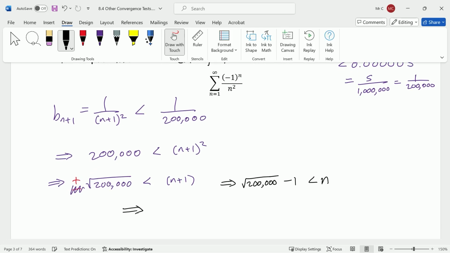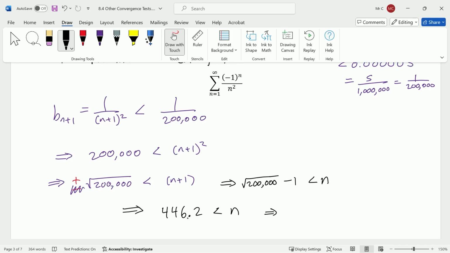So if we plug that into a calculator, let's see what we get. So we've got the square root of 200,000 minus 1. We get 446.2. So n has to be greater than that. But n also has to be an integer.